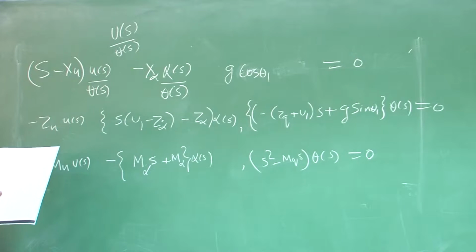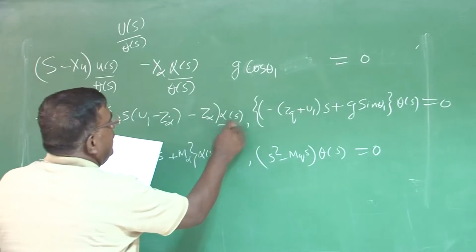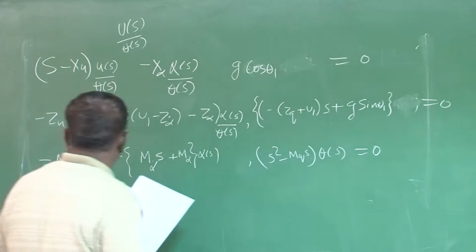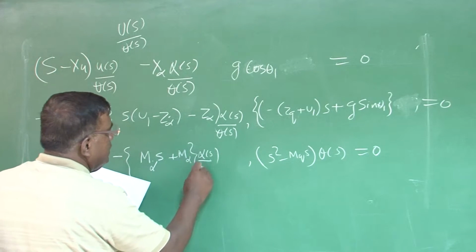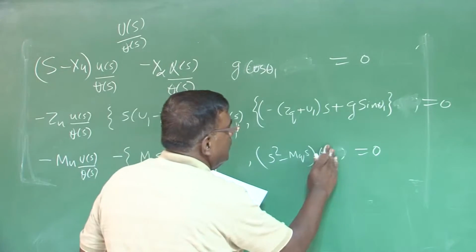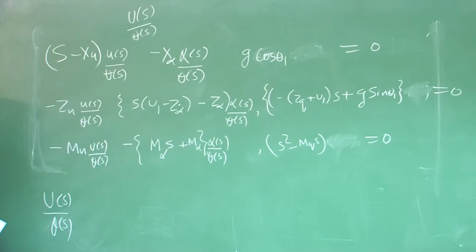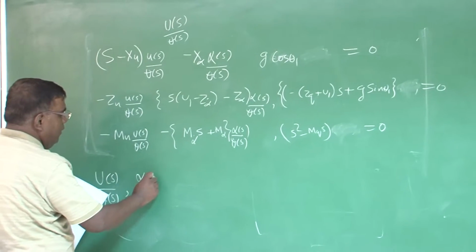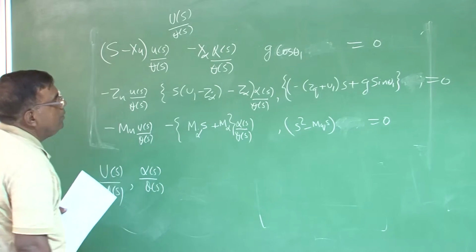Then the second equation, what will happen is zu, and alpha of s by theta of s, and here u of s by theta of s, here alpha of s by theta of s, and this will go. So what I am looking for is these relative values in terms of magnitude and phase for u of s by theta of s, alpha of s by theta of s, and that's all. Okay?